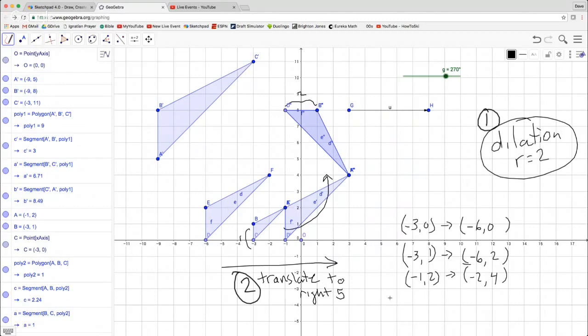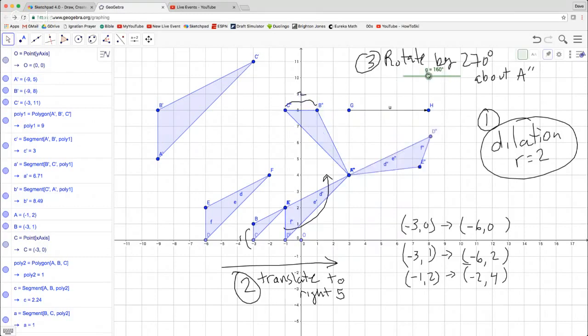And the third thing we had to do is we had to rotate it by 270 degrees about point A double prime, right? Kind of cool. There we go.